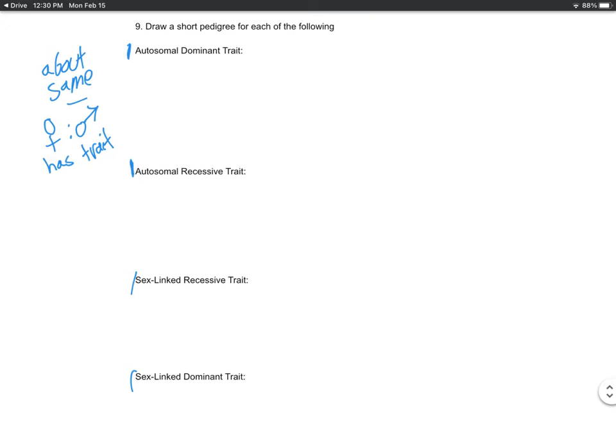So I shouldn't see a lot more males having it, and I shouldn't see a lot more females having it. And in particular, I'd be on the lookout for that a lot more males having it scenario. And in this case, for sex-linked traits, I would mostly expect to see more males with the trait.